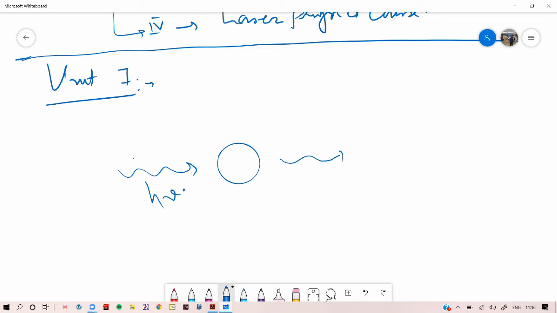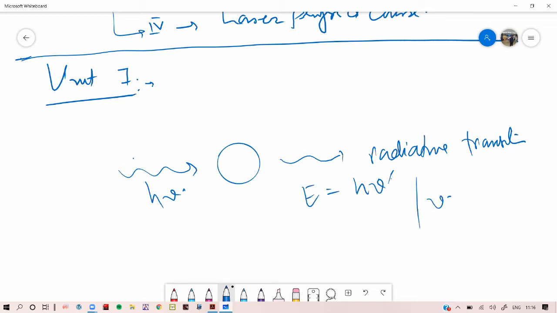And how will we know that it has interacted, what changes are there? They can be observed by different phenomena. One of them is radiative transitions. In radiative transitions, when the energy is emitted, suppose it has h nu dash energy, if in some cases nu is nu dash, it becomes elastic.